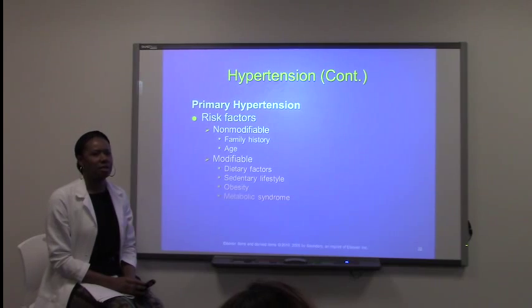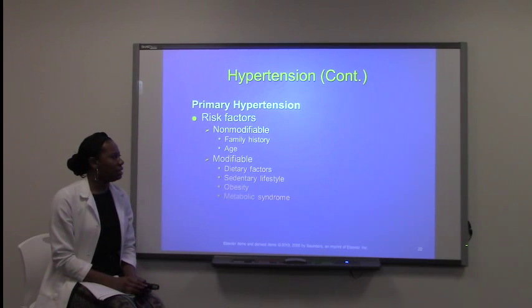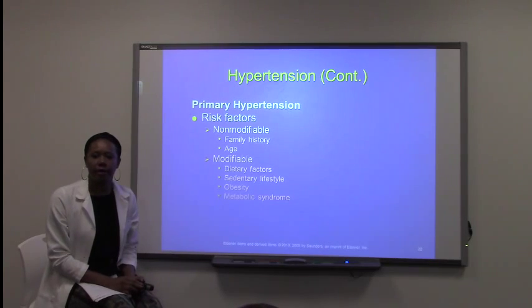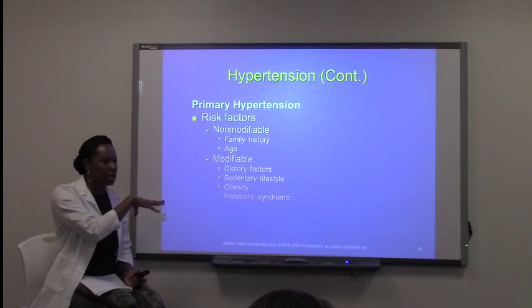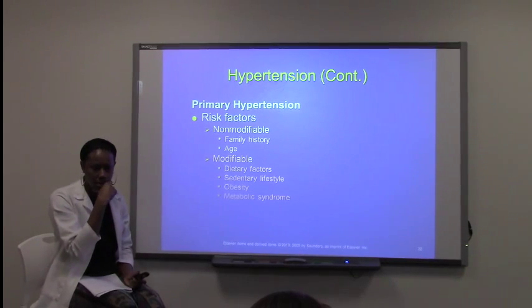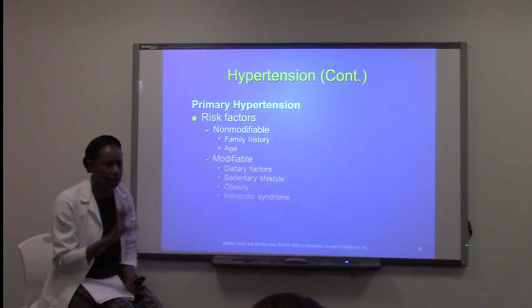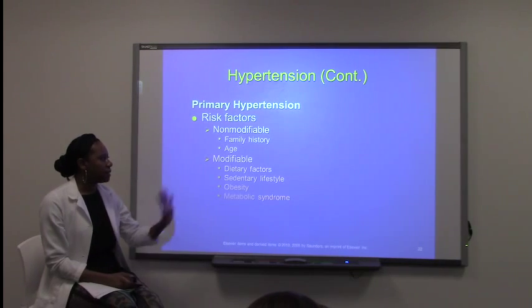Also, they say African American males are more at risk as well. So African American males and age, I think the age is, don't quote me, around 50, and then family history.